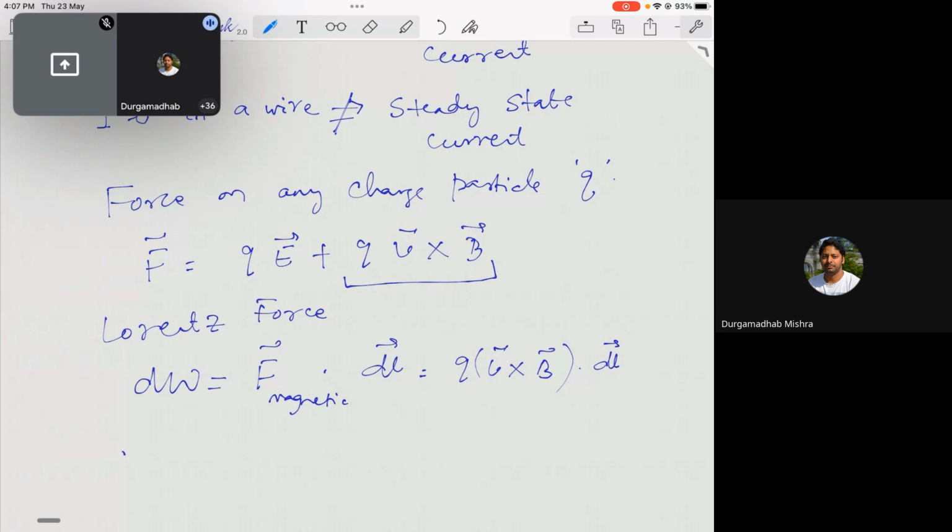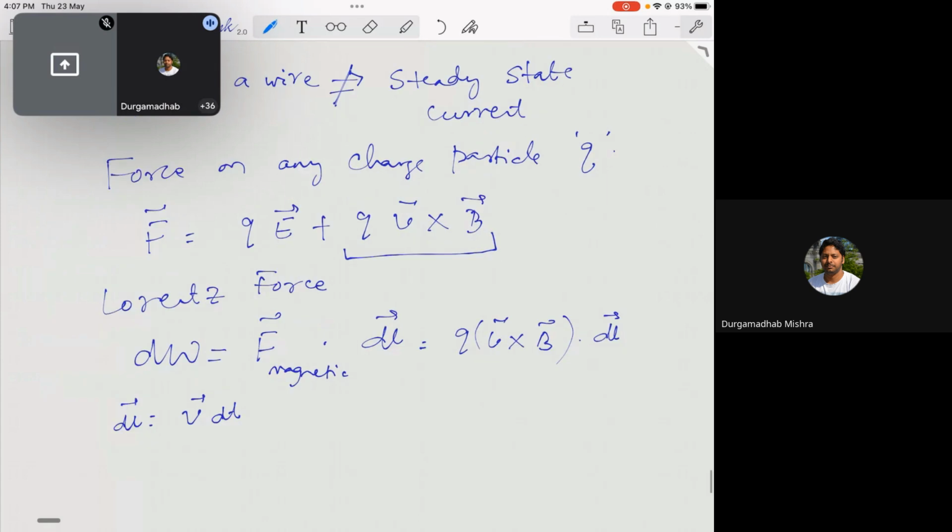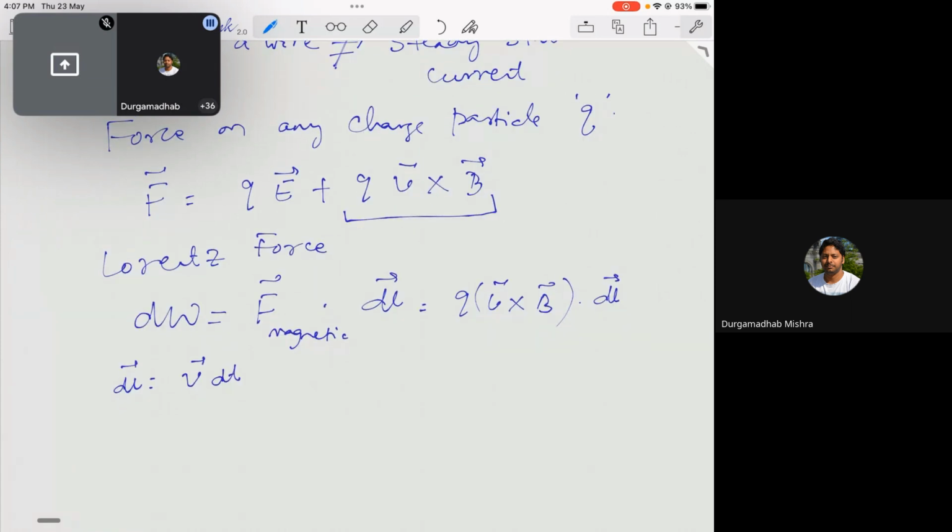And always remember this dl is of the form v into dt, where v is the velocity and dt is the infinitesimal time. So when you take a dot product, v cross B is always perpendicular to both the magnetic field and the velocity, so the dot product with the velocity will always be zero. That is why the magnetic force does not do any work.